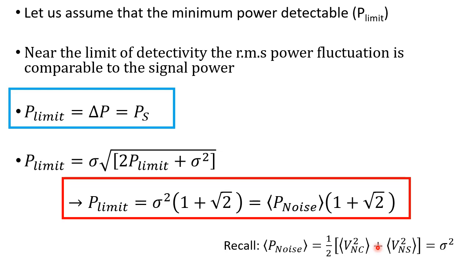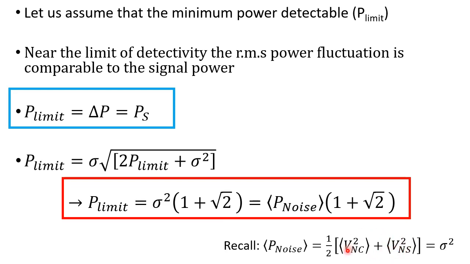If it is larger by a factor of square root 2, in terms of additively, then I would call that my minimum level of detectivity, or the limit of my detection. Here again, I have used these facts, which are the second moments of the in-phase noise and the out-of-phase noise, or the quadrature noise.